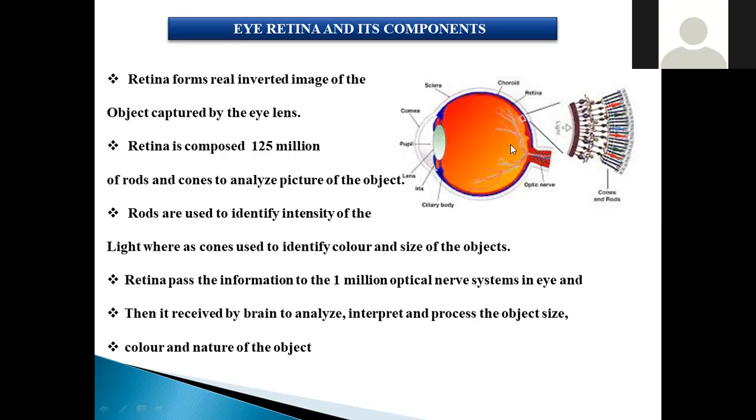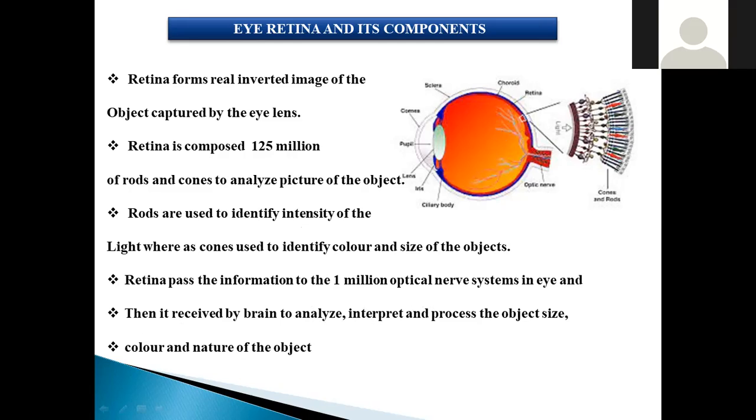These are the important components present in the retina, and around 125 million rods and cones are arranged in this manner. Here we can clearly observe how the cones and rods are present in the retina. It is connected to millions of optic nerves which are directly linked to the retina, right? So the retina transports the information to the optic nerve, and further it gets analyzed by the brain.